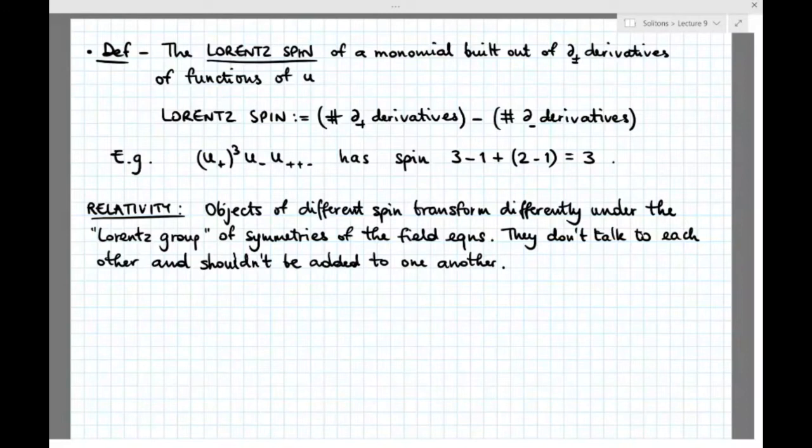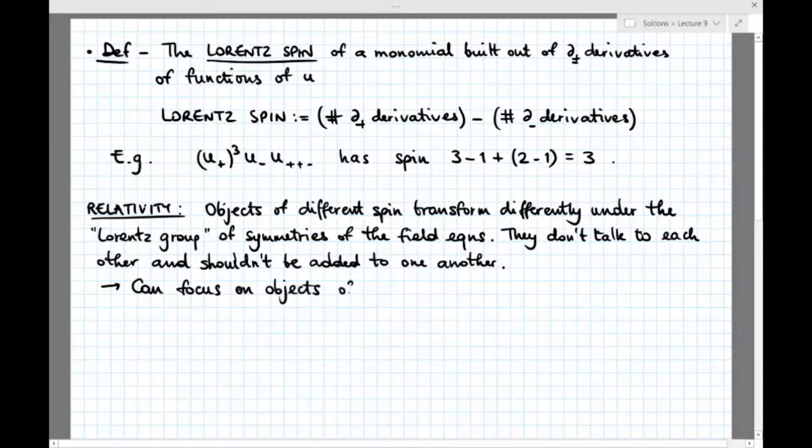But the important point for us is that we will be able to focus on objects of definite spin. So we'll use the Lorentz spin as an organizing principle. We'll discuss objects of definite spin with increasing value from 0 upwards.